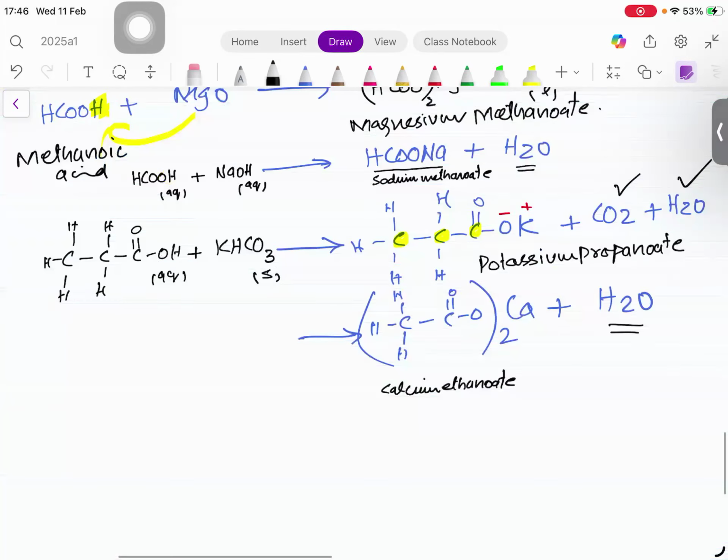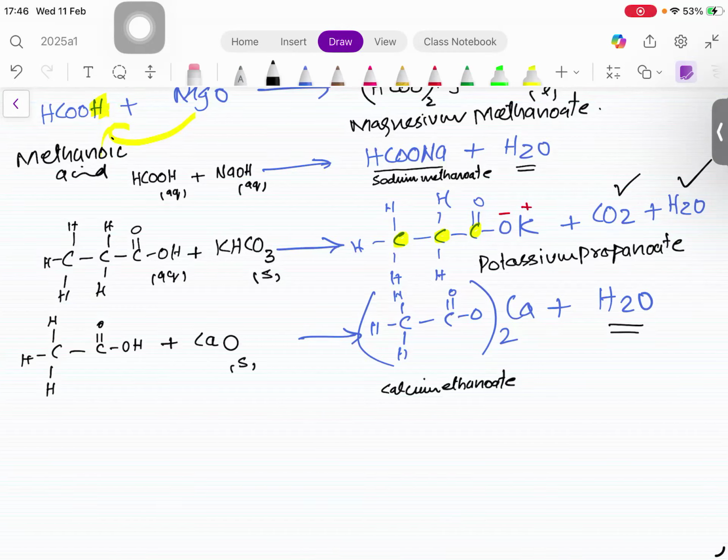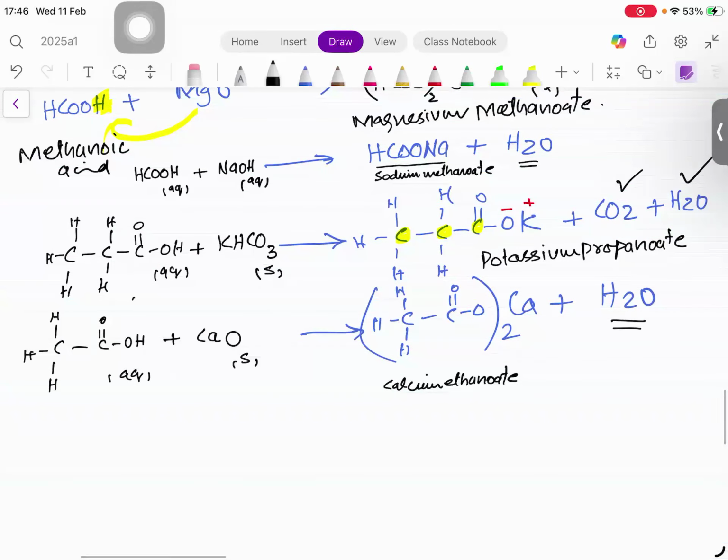And the reactants are either ethanoic acid plus calcium oxide, I'll take that this time. So please write the names of the salts as well.